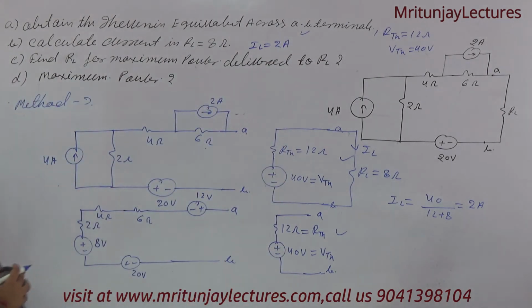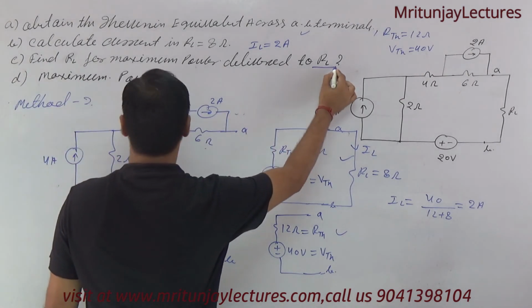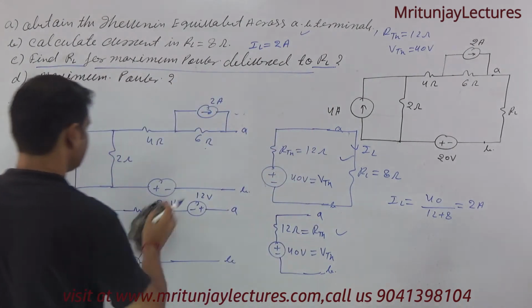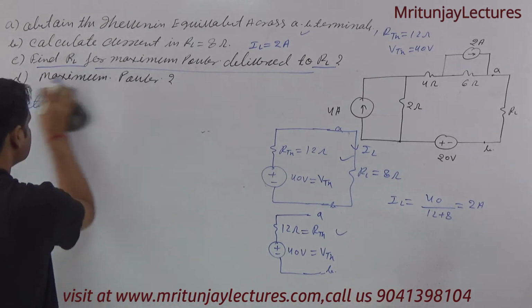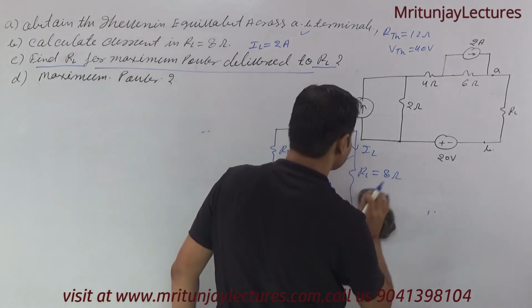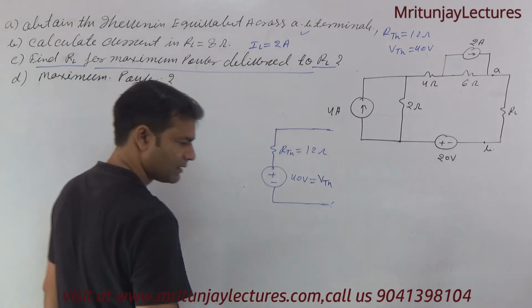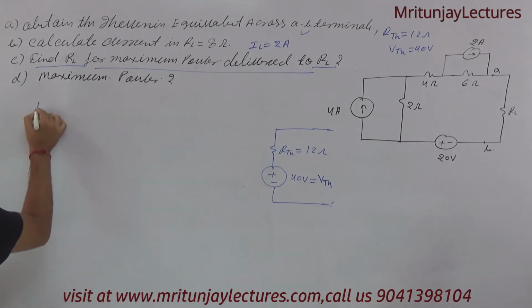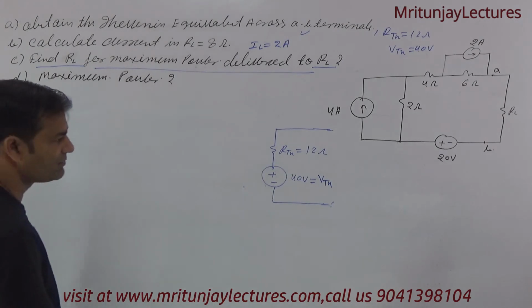Now third, find RL for maximum power delivered to RL. I know that. Corresponding to the maximum power transfer theorem, the question says for maximum power, that means PMT, maximum power transfer.